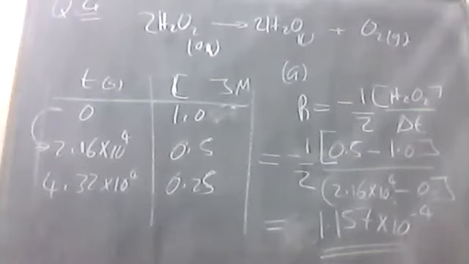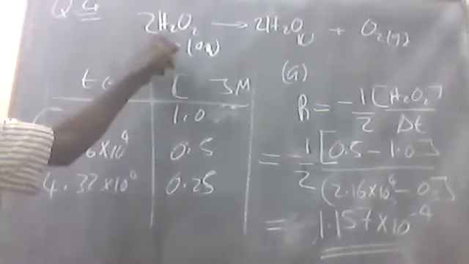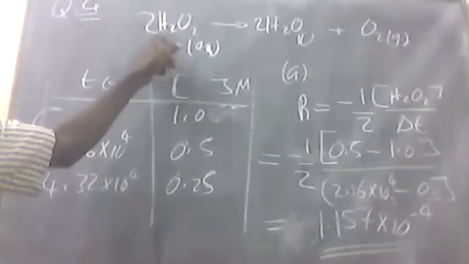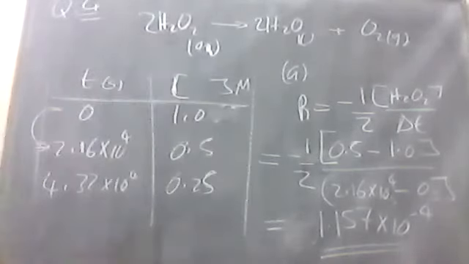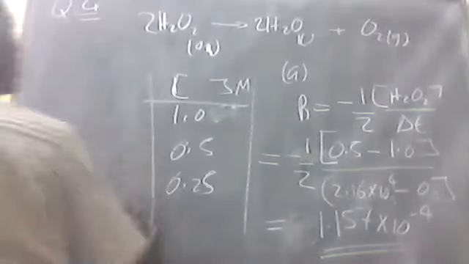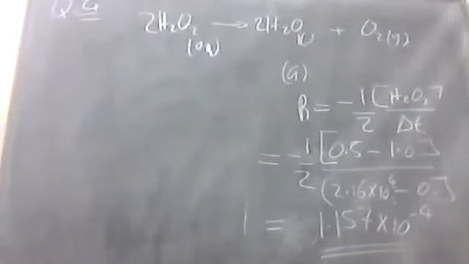So why are you getting those values like 1 over 2? The coefficient. Is 1 the coefficient for oxygen? Yes, for oxygen the coefficient is 1, because we get them from the general equation.